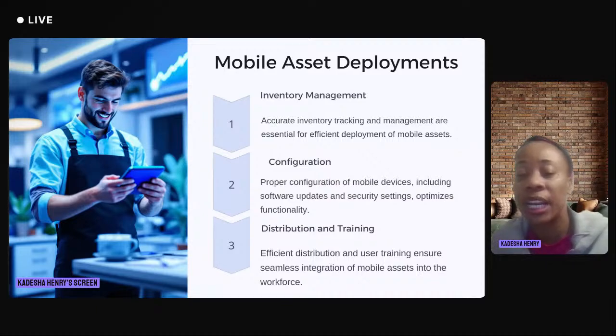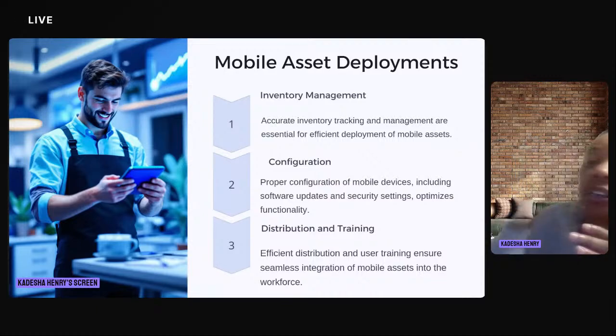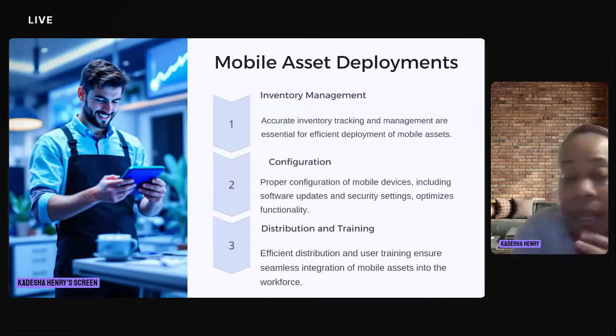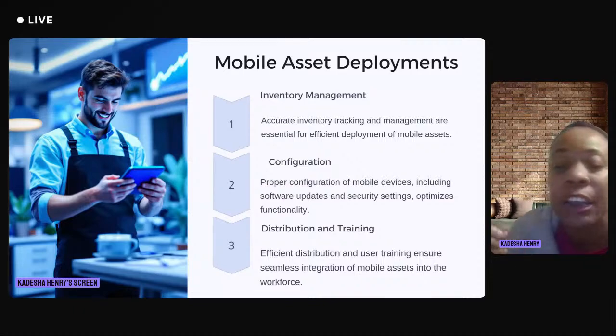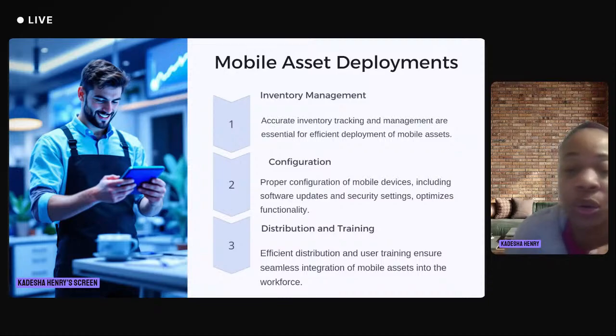Distribution and training. Okay, so when you are deploying all of these mobile devices, you have to train the people how to use them, train the user. So efficient distribution and user training ensure seamless integration of mobile assets into the workforce.